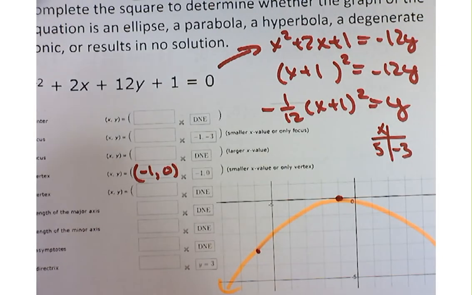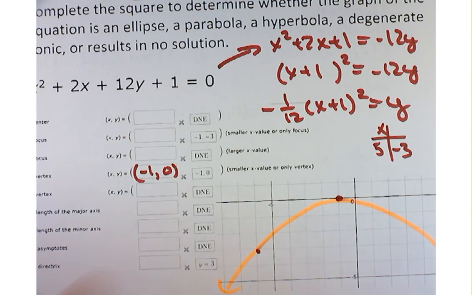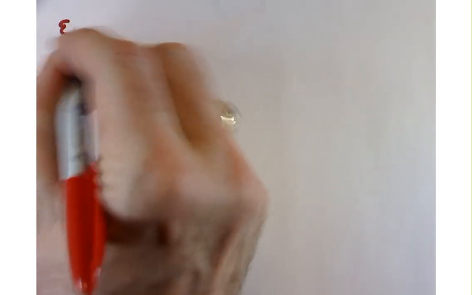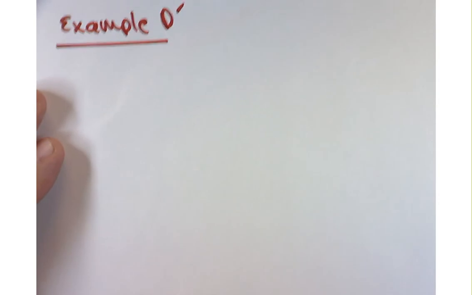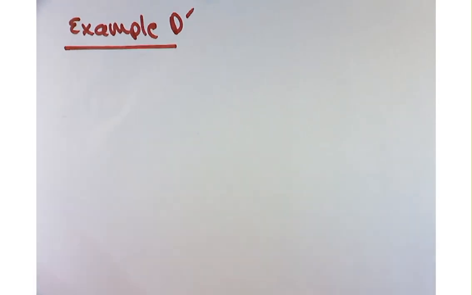One last example problem before I give you a little chance to do some work on your own. And then we'll call this one example D prime. I'm not going to give you the exact same numbers I gave you on the handout because I want you to solve this as well.